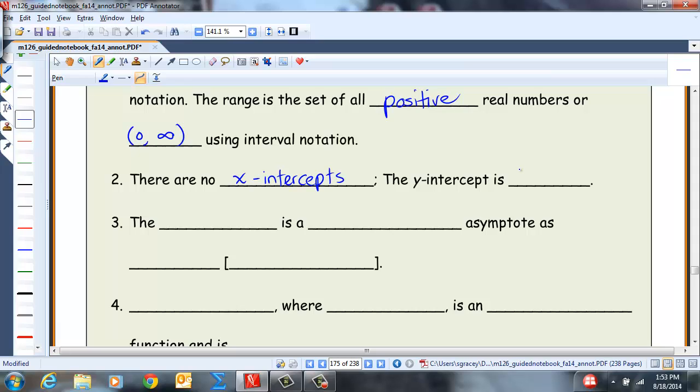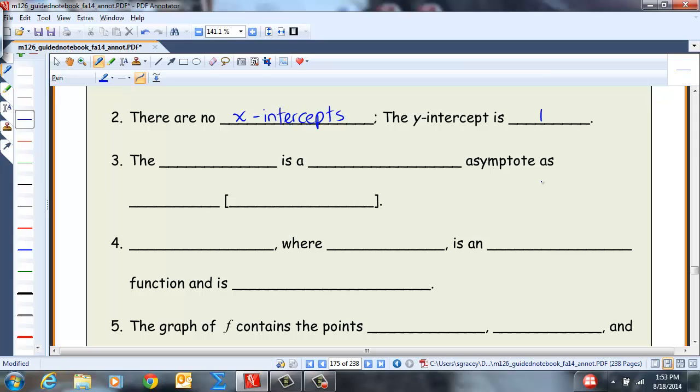The y-intercept is 1, or the ordered pair 0, 1. So the x-axis, or you can think of it as the line y equals 0, is a horizontal asymptote.